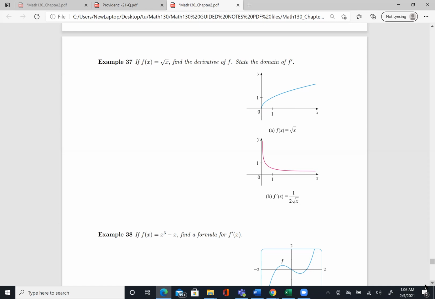Okay, firstly, this is a graph of f of x. It was square root of x. Now we try to find the derivative of f.